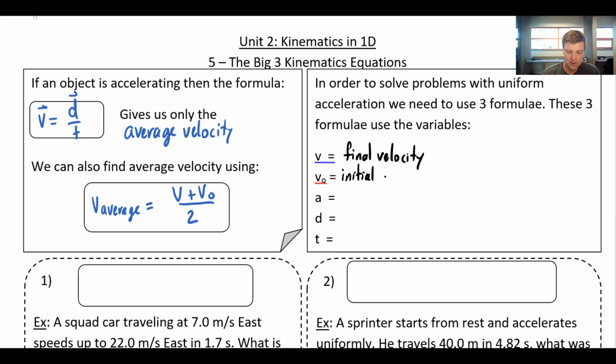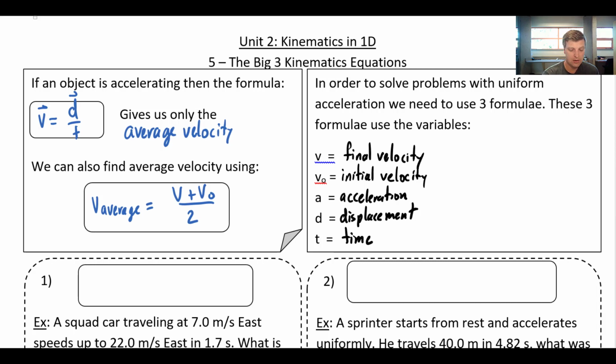And that 0 literally means at time 0. So what's the velocity at time 0? a is our acceleration. And then d is displacement, not distance. And then, of course, t is time.